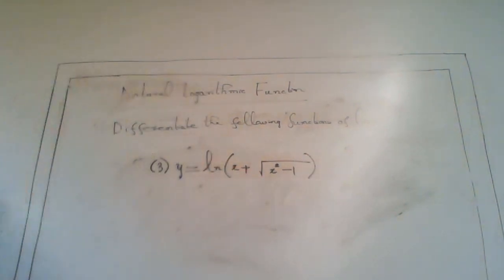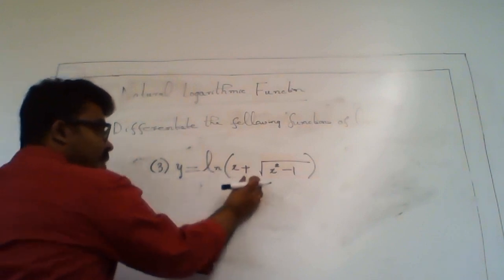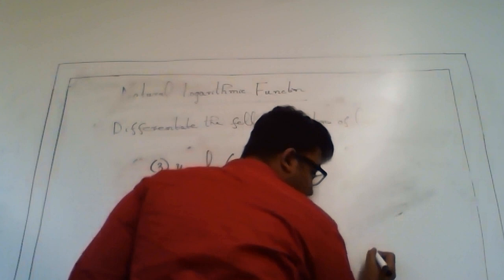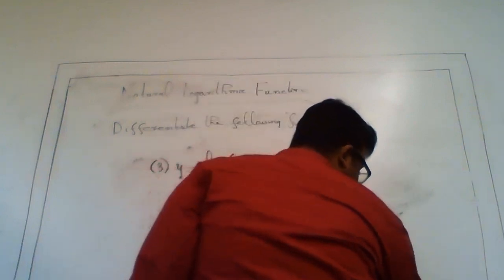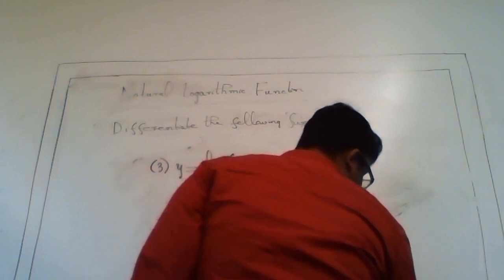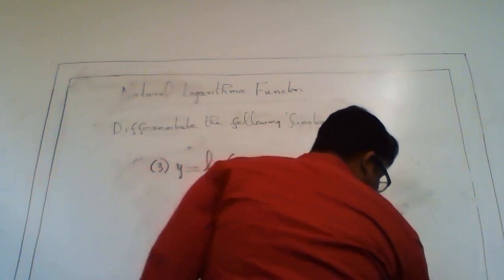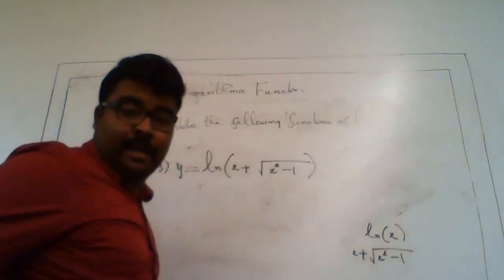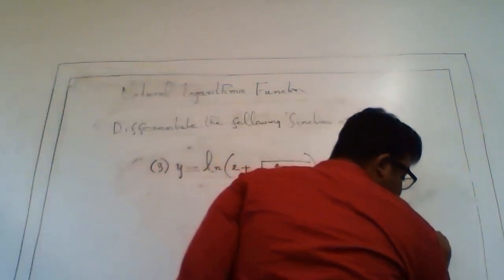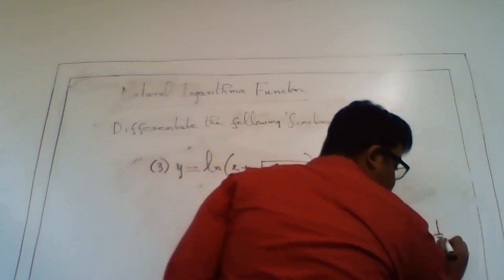So here, what is the outer function? The outer function is ln x and the inner function is x plus square root of x squared minus 1. Now what is the derivative of ln x? The derivative of ln x is 1 over x, right?